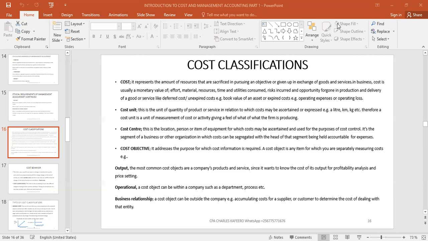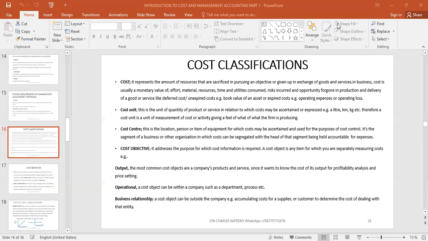We can talk about the cost objective. The cost objective addresses the purpose for which cost information is required. It's our aim. What are we aiming at? We are aiming at minimizing costs. So our aim is to ascertain the costs we've incurred in the production of a certain item. And that's what they mean by a cost objective.